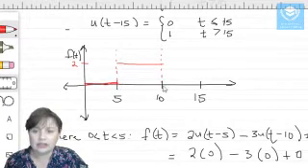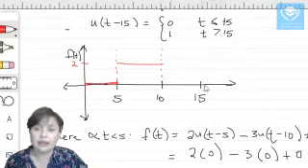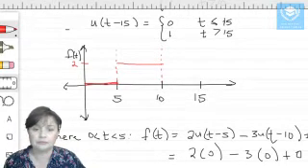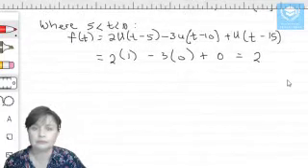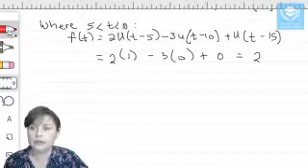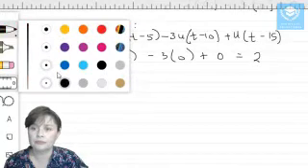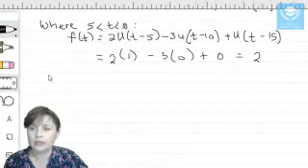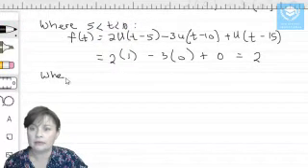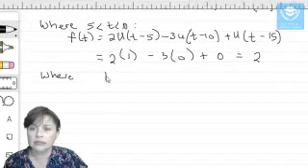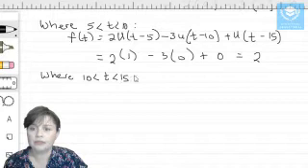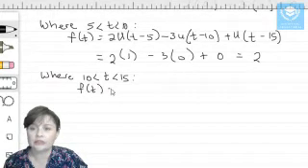So then the second last interval we need to look at is between 10 and 15. We are now looking where t is in between 10 and 15. So what happens to your function f of t?